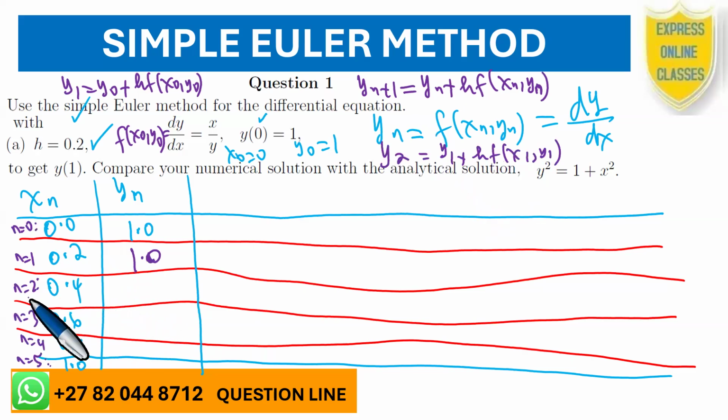Now we are dealing with n equals 2, and therefore y2 is y1 plus h f(x1, y1). But what is f of x1, y1? It's x1 divided by y1, because f is x over y.